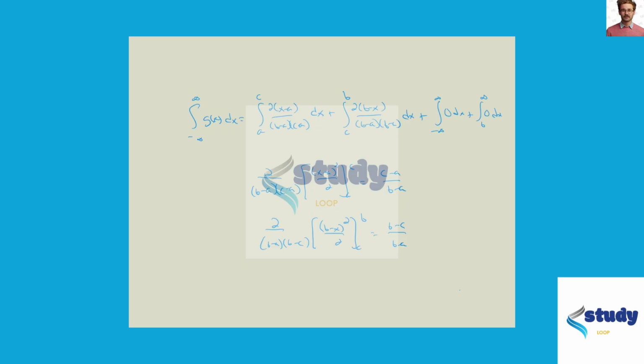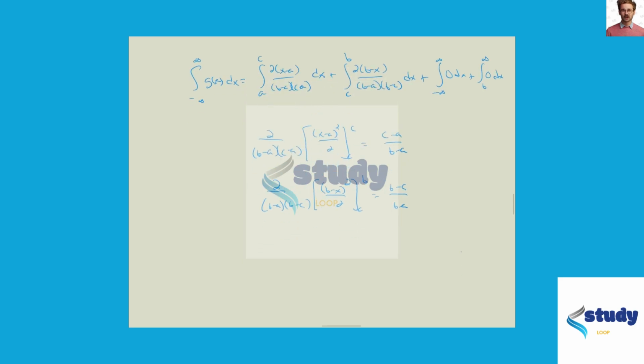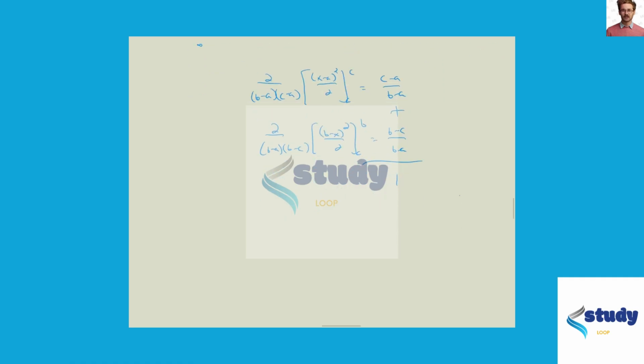And adding these results together, we would get 1. Since both conditions are satisfied, g of x is a probability density function.